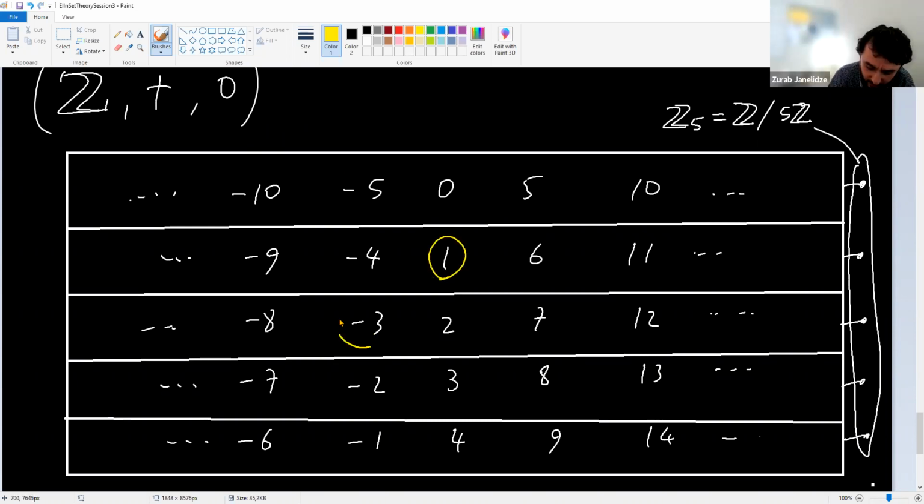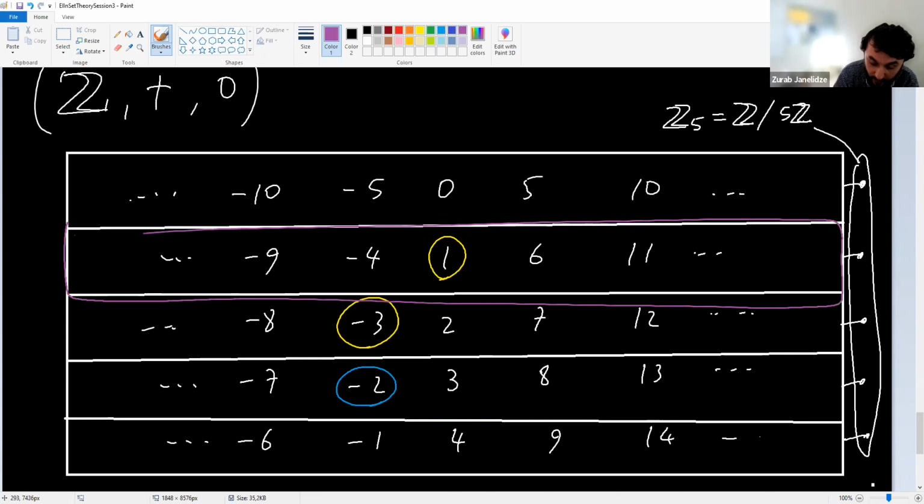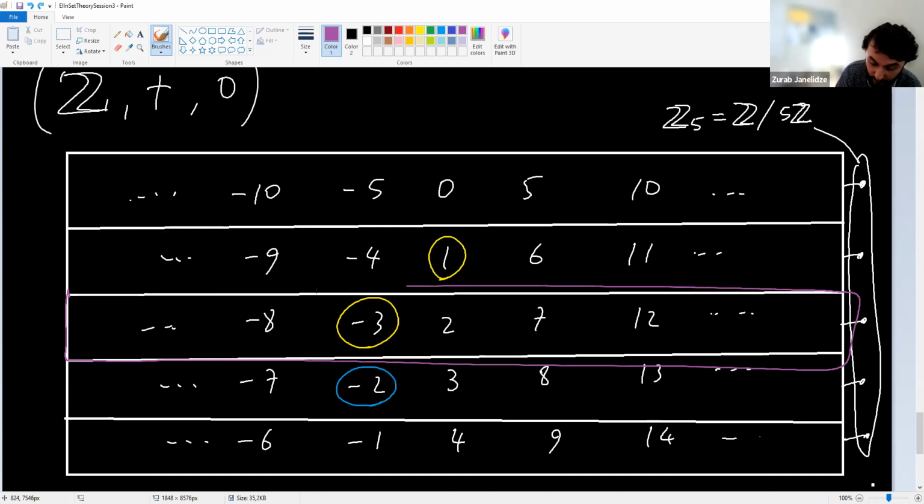Let's add 1 and minus 3. 1 plus minus 3 is minus 2. So the sum of 1 and minus 3 is minus 2. So I could think of this group plus that group, in other words, this element and that element, their sum being this element right here.